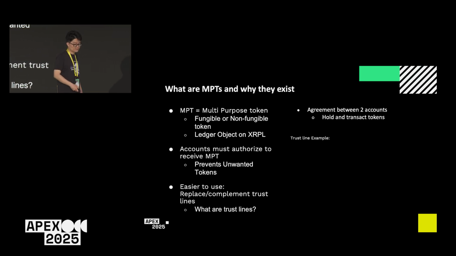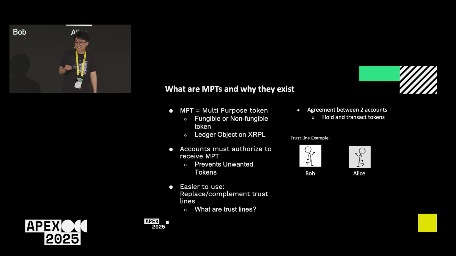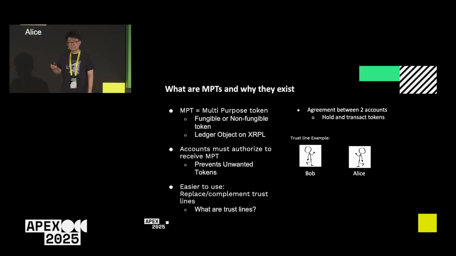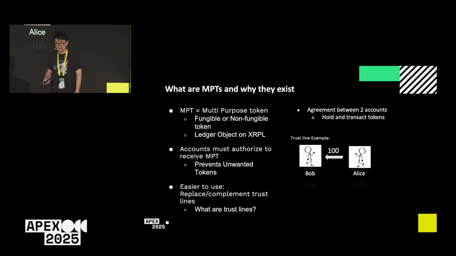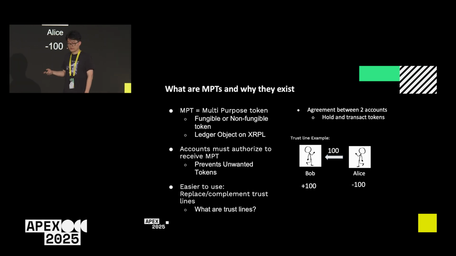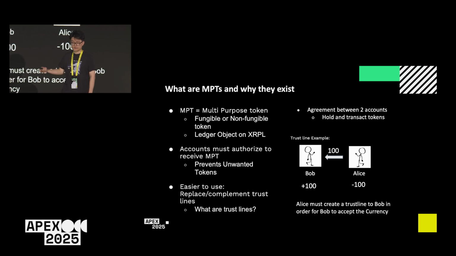So for example, let's take our friend Bob and our friend Alice. Let's say Alice wants to send money to Bob. Well, Alice first has to create a trust line between her and Bob before she's able to send a token, let's say 100 USD. So as already mentioned, Alice must create a trust line.